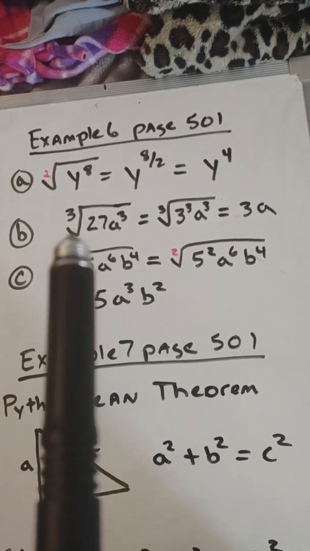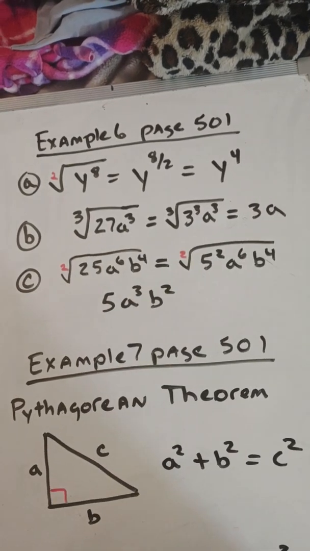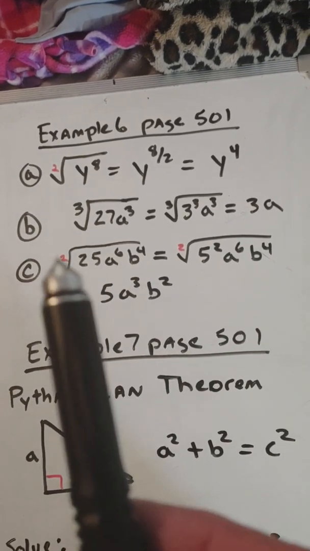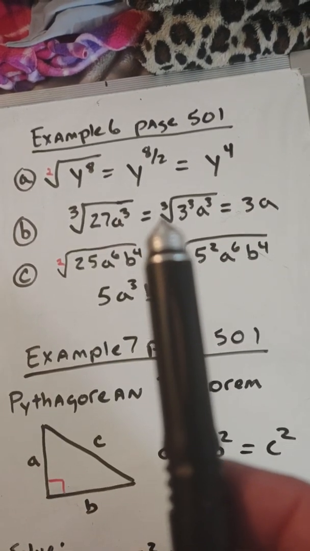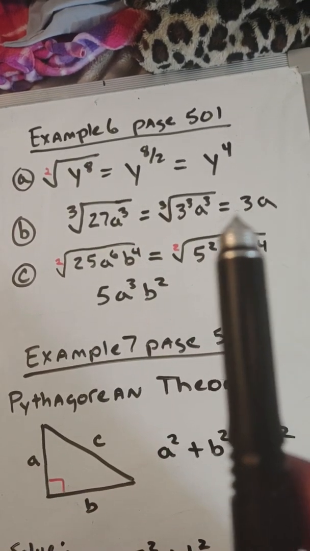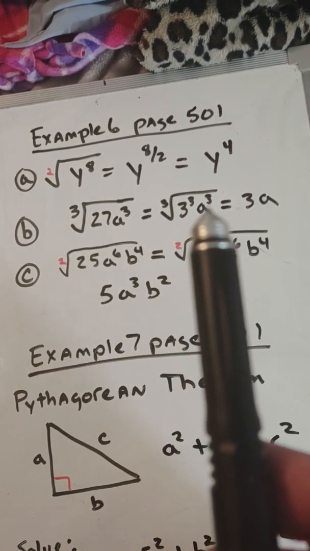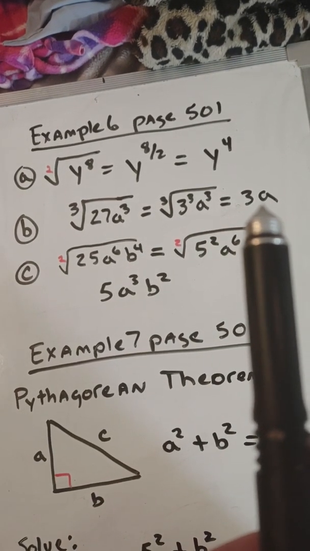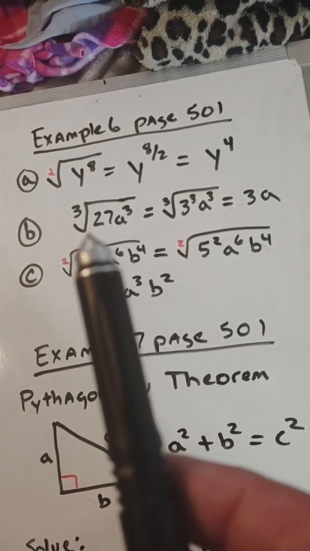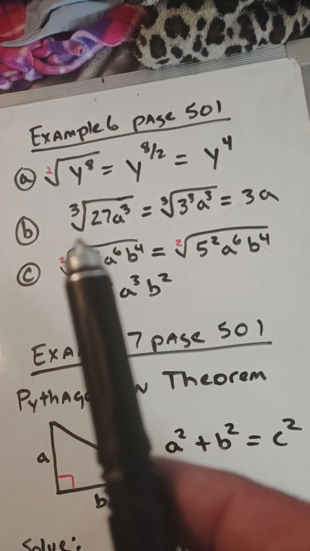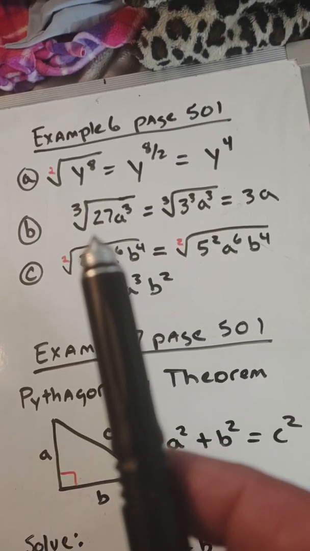Same thing here. We have cube root of 27 a to the 3rd. So what happens here is we change 27 to 3 to the 3rd. Now this little 3 divides into this 3 and gives us 3. This 3 divides into this 3 and gives us 1, a. So remember, I'm not going to give you any radicals higher than cube root. 4th root, 5th root, I'm not going to give you.